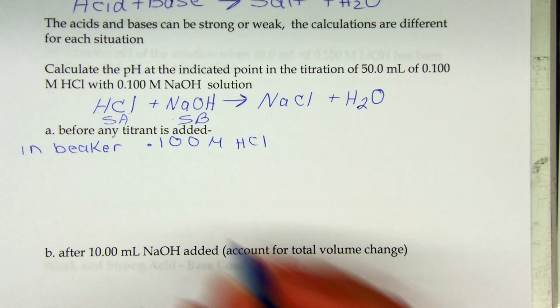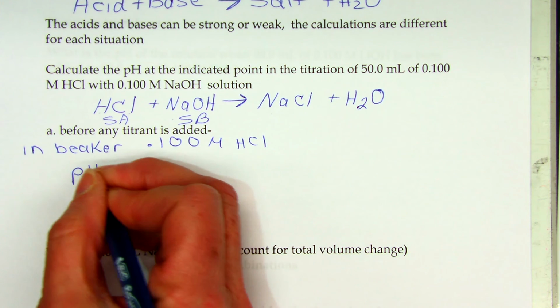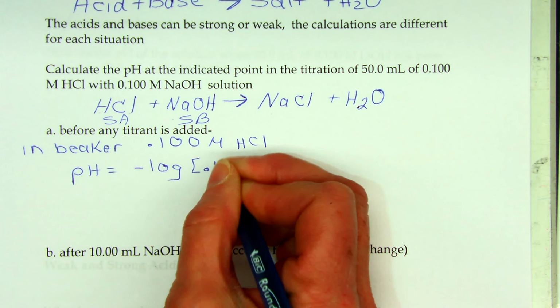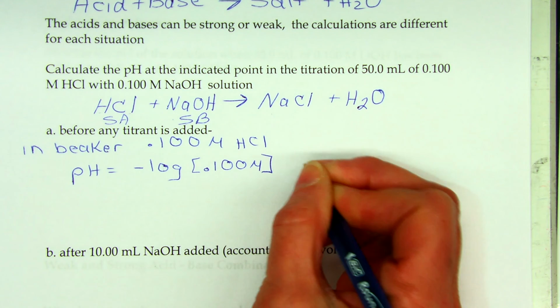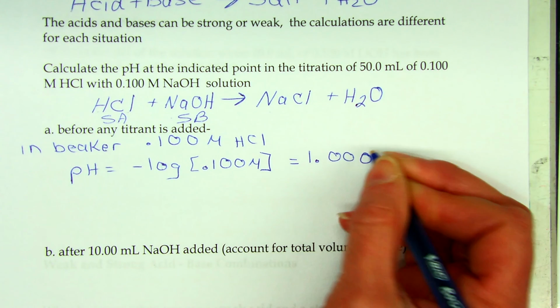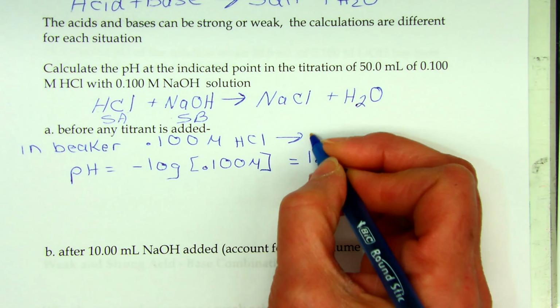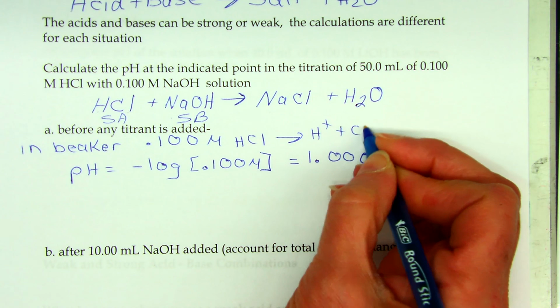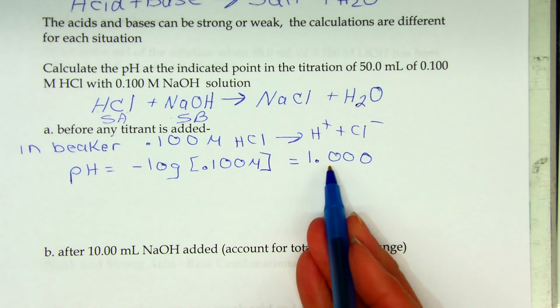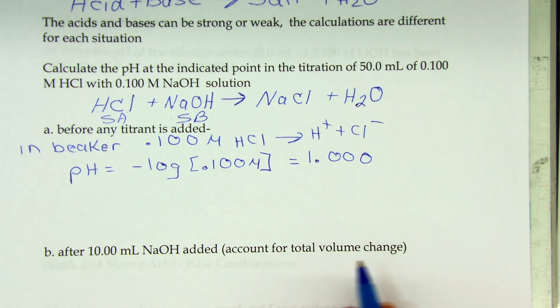So the pH of this is minus the log of 0.1 molar. So the pH is 1.000 because that HCl breaks apart completely and gives hydrogen ions and chloride ions. So I have a strong acid and I'm taking the pH, yes.